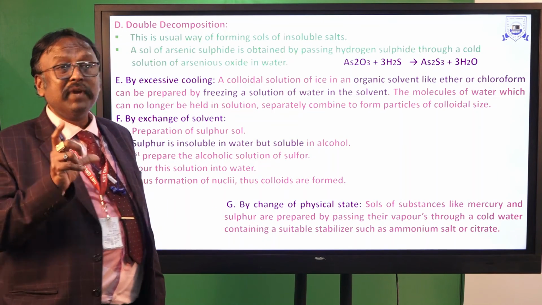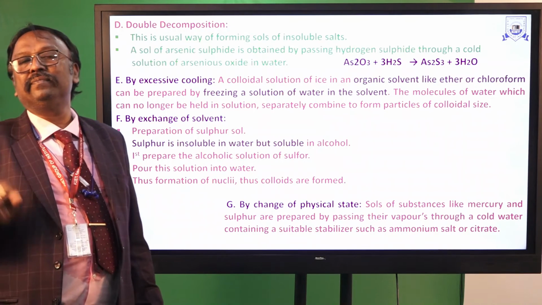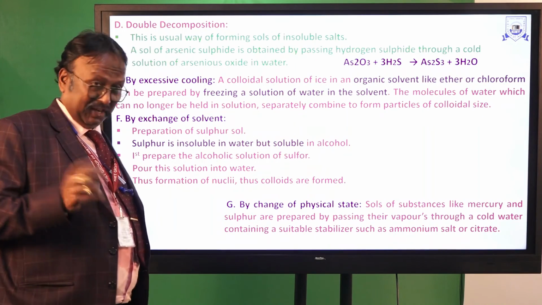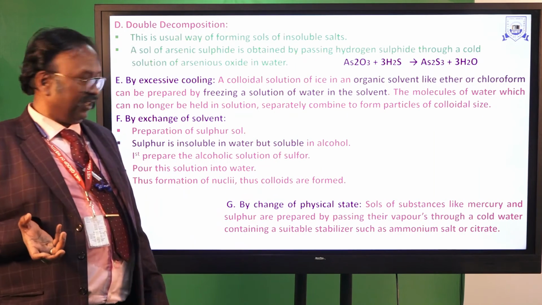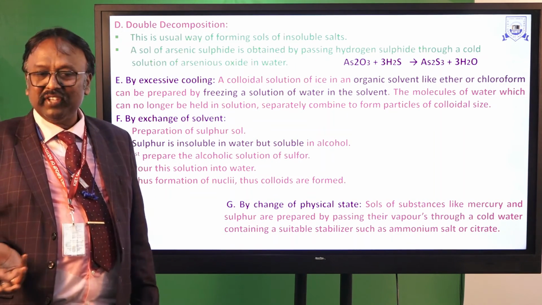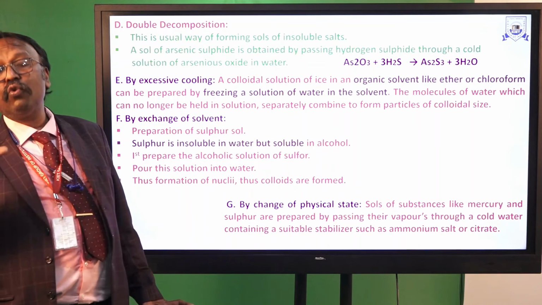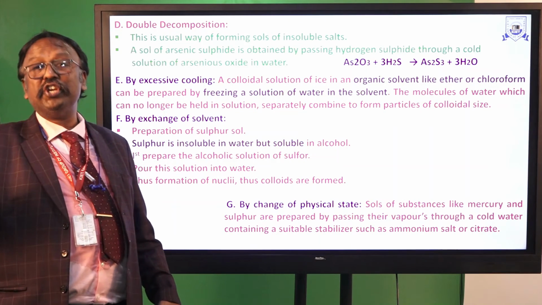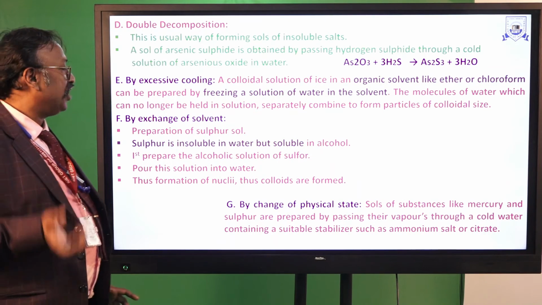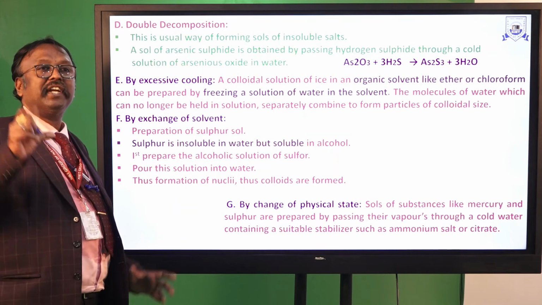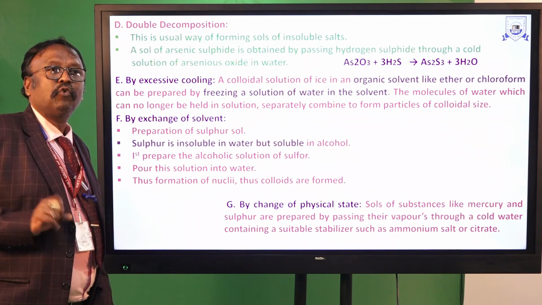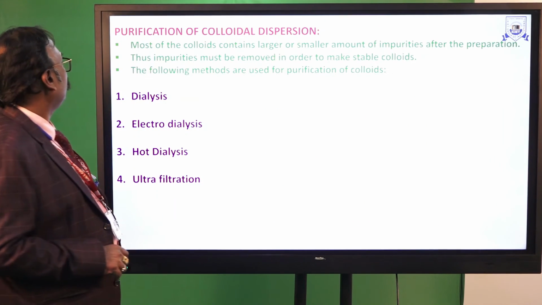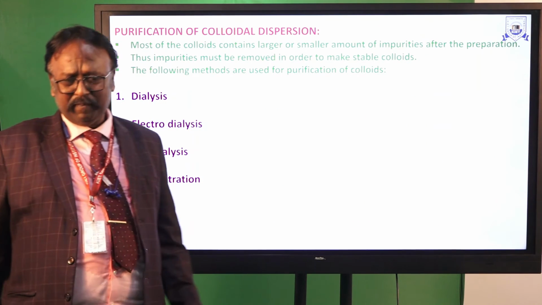Immediately these vapors are converted into a stable colloidal dispersion in the presence of stabilizers like ammonium citrate. That is, by change of physical state we get a colloidal dispersion. These are all about the preparation of colloidal dispersions.